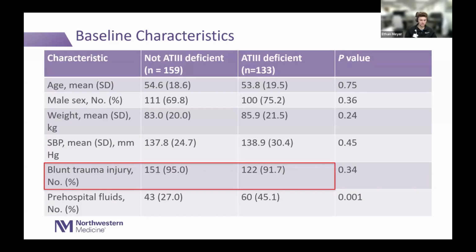So a significantly high percentage and very few patients in this population had penetrating trauma injuries. And then 58.2% of the patients in the full population received enoxaparin prophylaxis at some point during their admission.